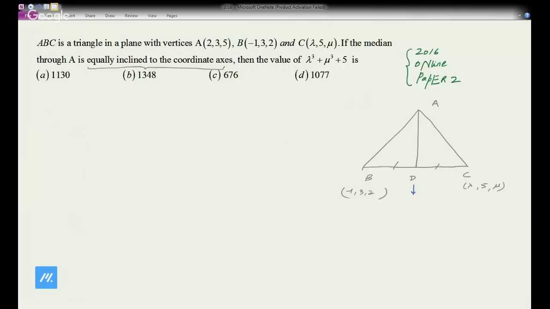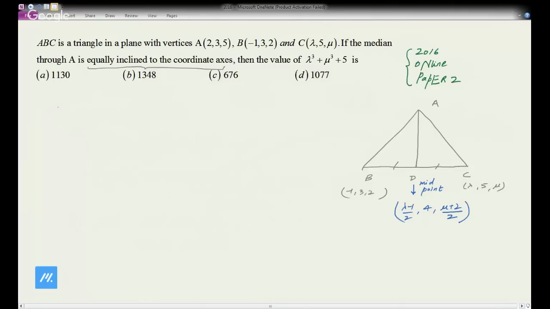What will be the point D? D is the midpoint. So what will it be? ((lambda minus 1)/2, 4, (mu plus 2)/2). Got it?